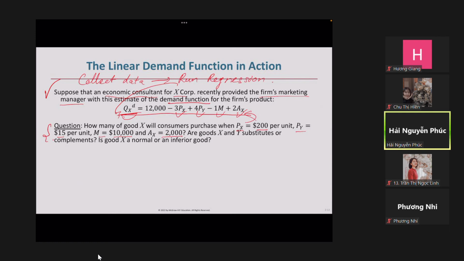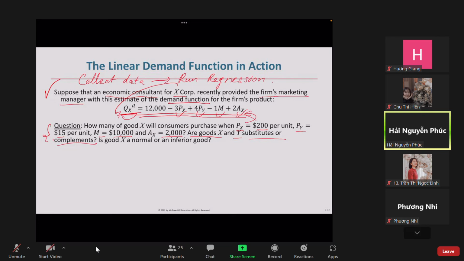Now the second point: are good X and Y substitutes or complements? What do you think? If you look at the function, would you please tell me X and Y are substitutes or complements? And why? Anyone?